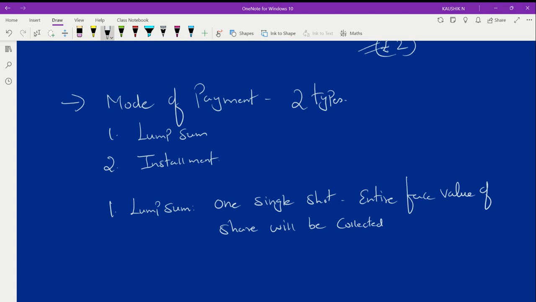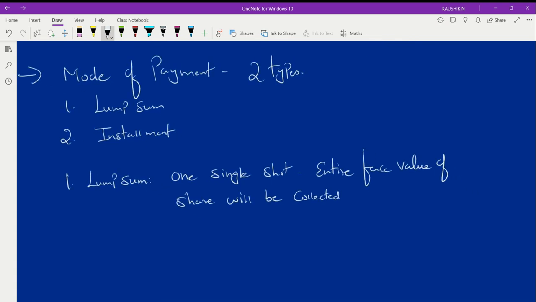Okay, in one single shot, the entire face value of the share will be collected if issued at par.